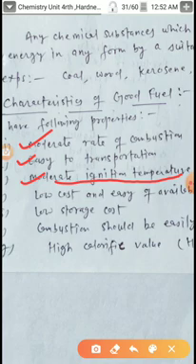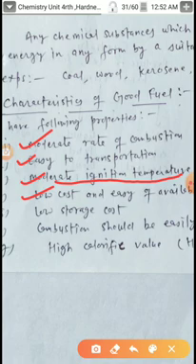What is the meaning of this? When you burn a fuel, a low temperature should be required to fire it. That minimum temperature required to burn a fuel is called the ignition temperature of a fuel.